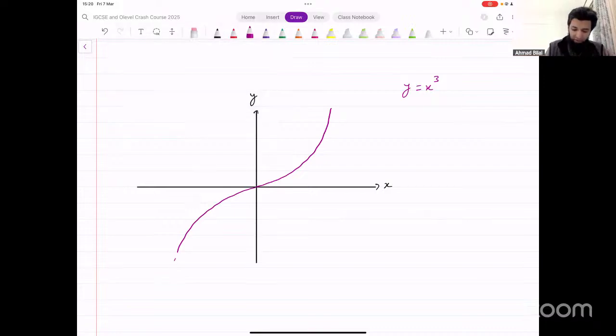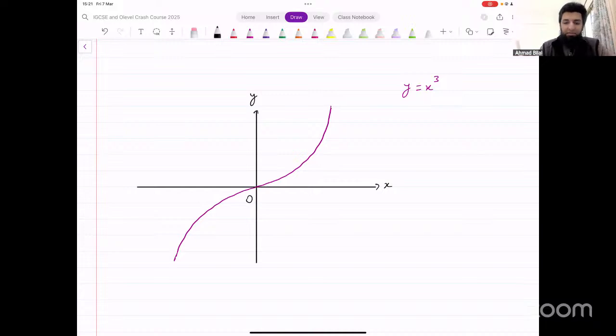Now, if I were to ask you, what's the gradient of this curve? Can we say anything about the gradient of this curve? The gradient of this curve does not have a single value. It is changing at every single point. Because remember, what does gradient represent?